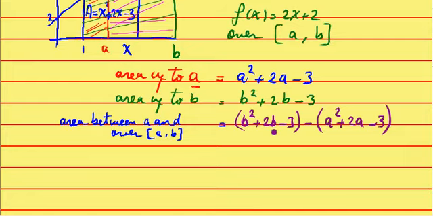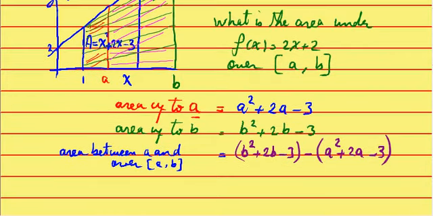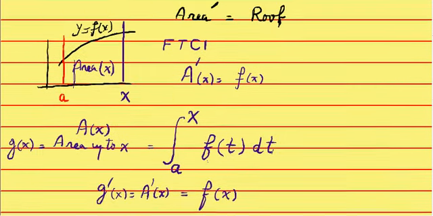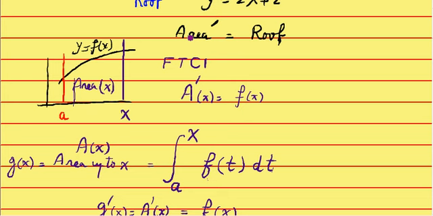The main question is, what role does the antiderivative of the function play here? Remember, we just saw a role for the antiderivative here. The derivative of area is the roof. It means area is an antiderivative of the roof. So let's write this.